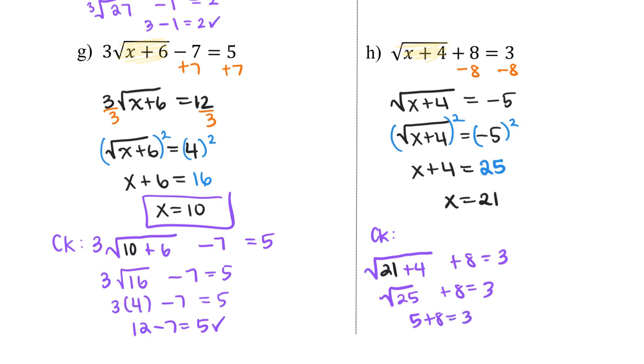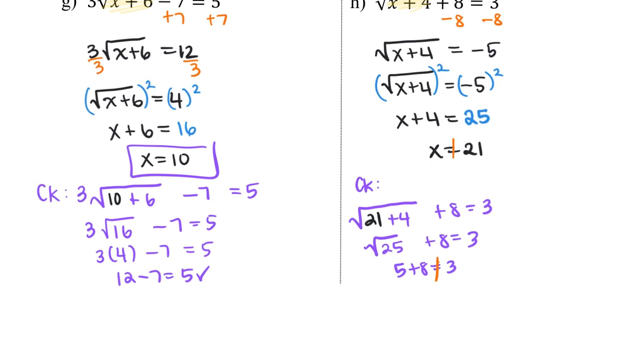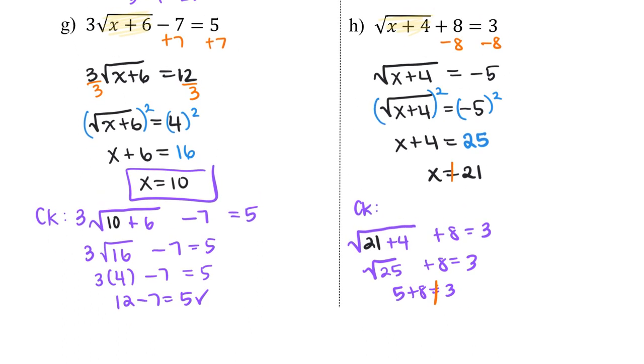No, 5 plus 8 is not 3. Okay, so finally we get to one where the answer we got did not work. So we got that x equals 21, but then we also got that 21 does not work, so x actually cannot equal 21. But that's the only answer we got, was 21. And I just said x can't be 21, so what's the answer? No solution.